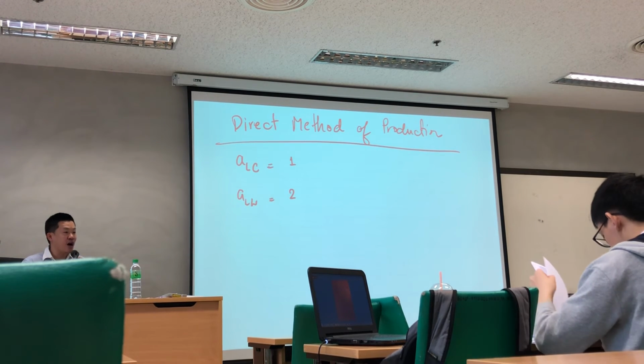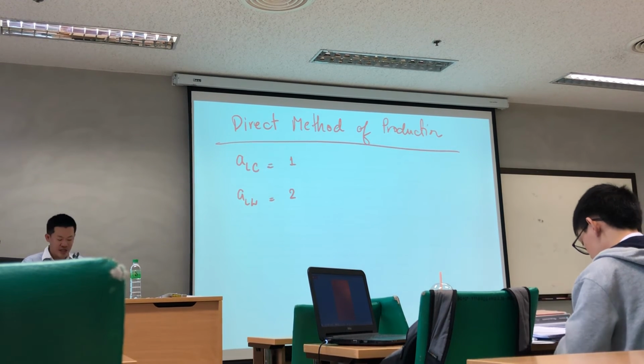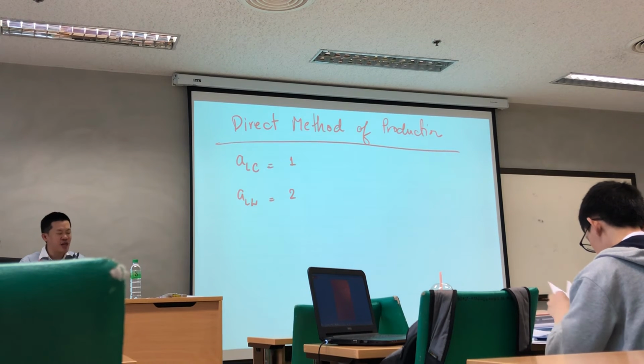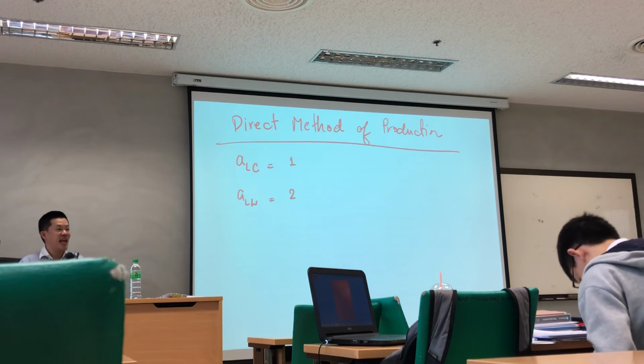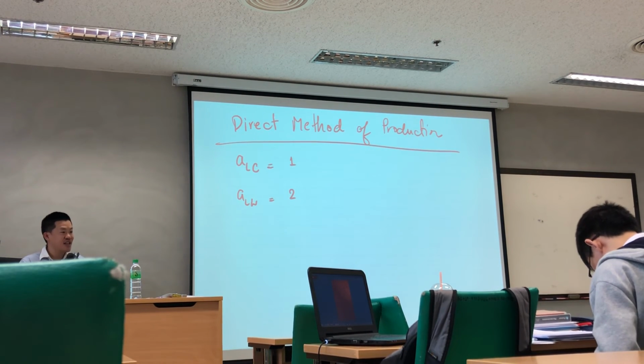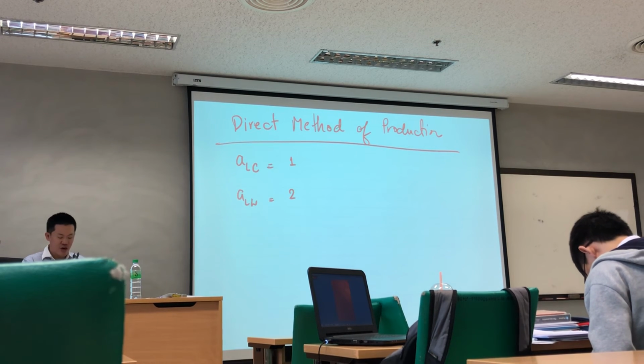The opportunity cost of cheese in terms of wine is 1/2, right? 0.5, right? Okay.